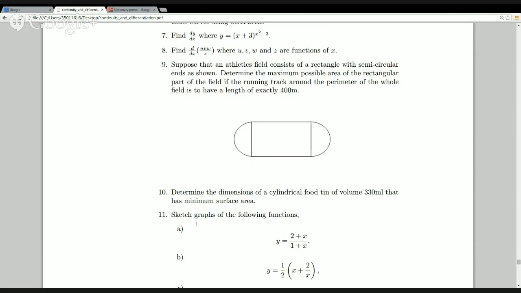So if we rewrite this perimeter constraint in a suitable way, we'll be able to substitute it into this equation for the area here. So that's what we're going to do. We're going to re-express the perimeter constraint, and we'll do it in this way.